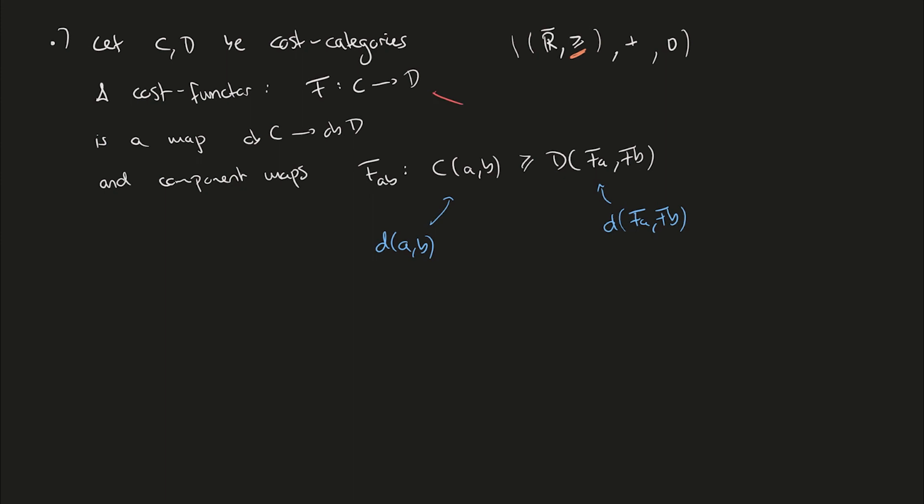Therefore, in fact, such a cost functor, when we view cost categories as generalized extended metric spaces, is just a non-expanding map. So that's a map where the distances don't increase.